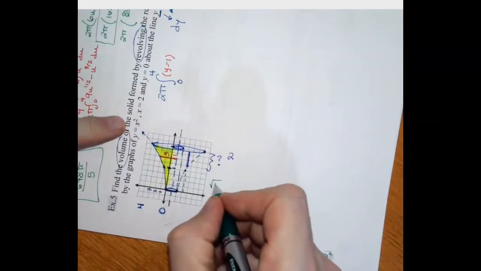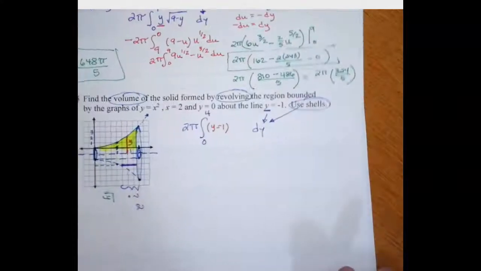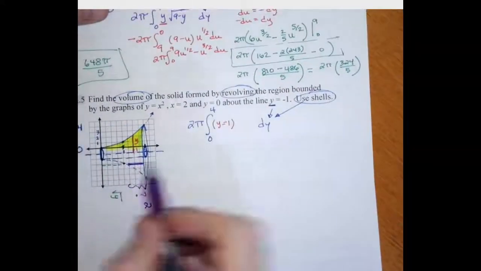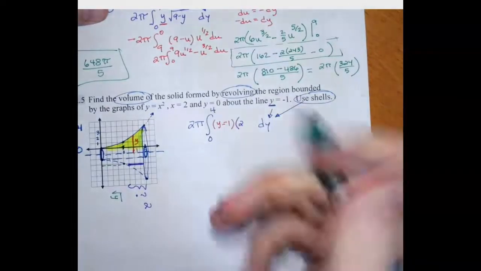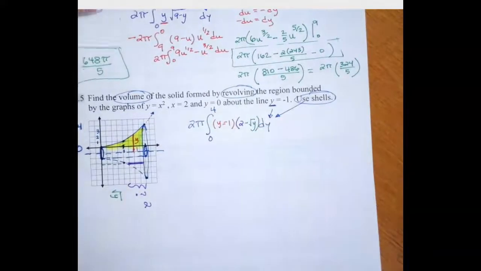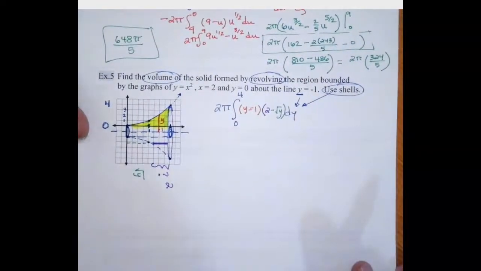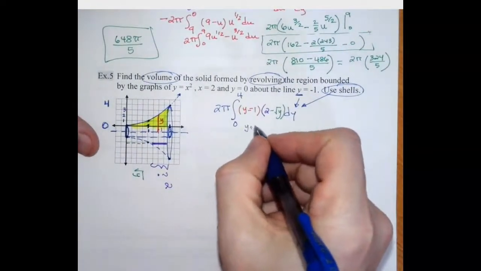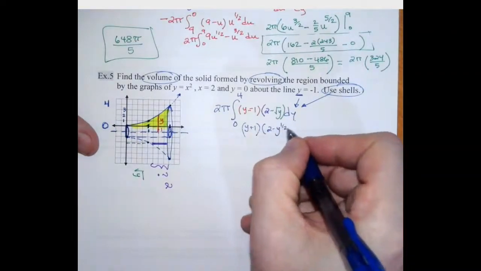So the height of each shell is going to be 2 minus the square root of y. This is tough. So this is going to be y plus 1 times 2 minus y to the 1/2.